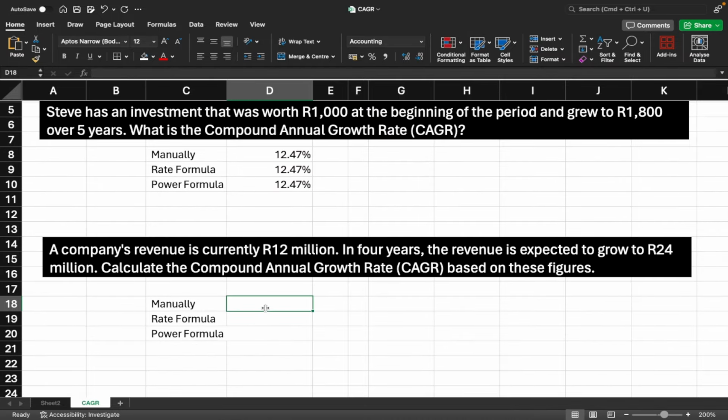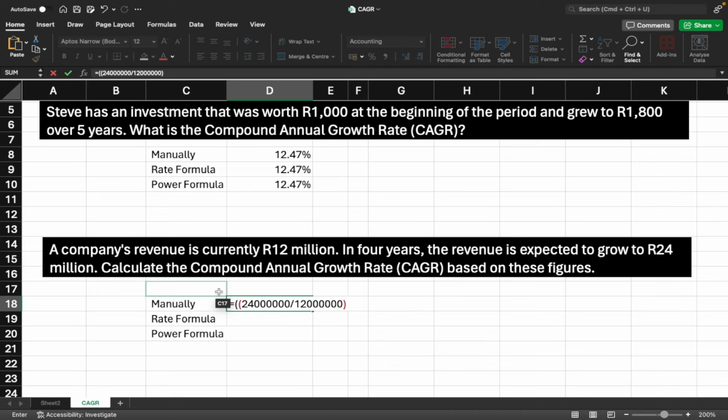Manually, I'm going to press equals here, open 2 brackets, and then take my ending value. In this case, it's 24 million. So 24 million, and then divided by my present value, which is my 12 million, or my starting value, that is. And then I will close bracket, and then raise that to the power of 1 divided by the number of periods.